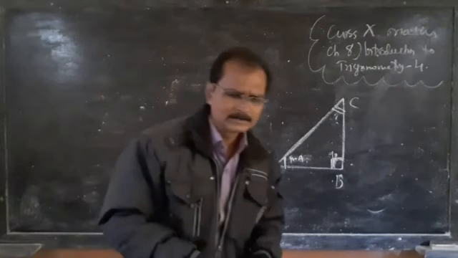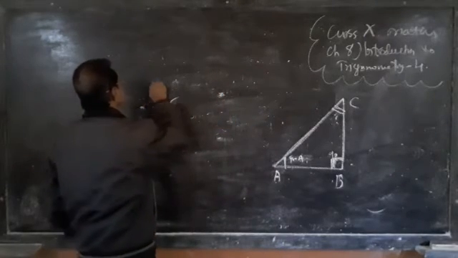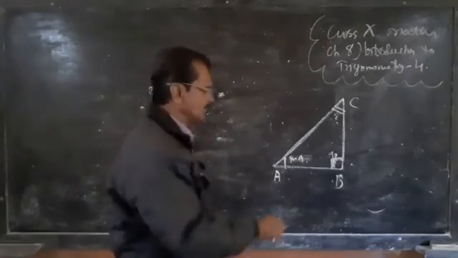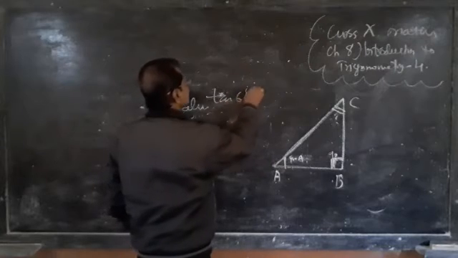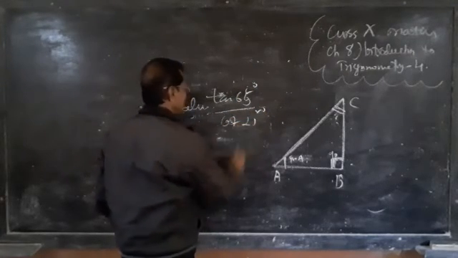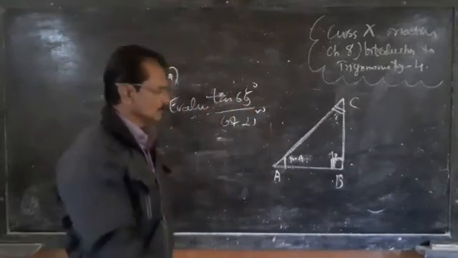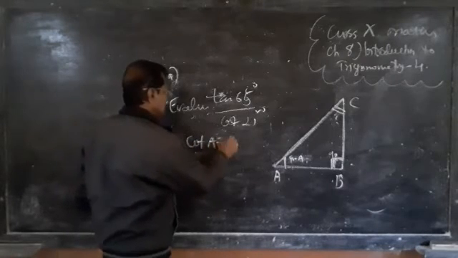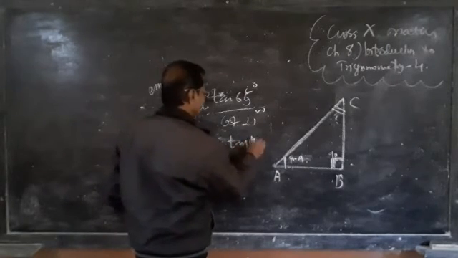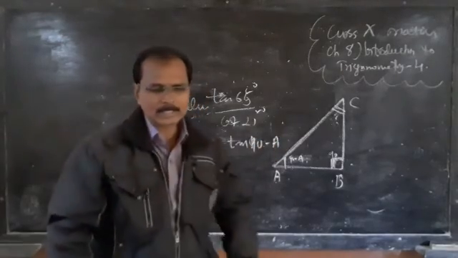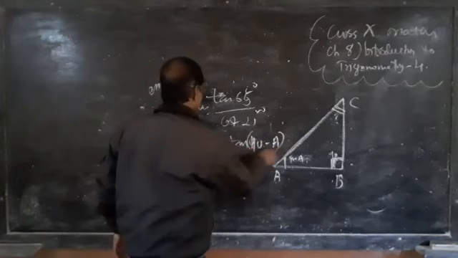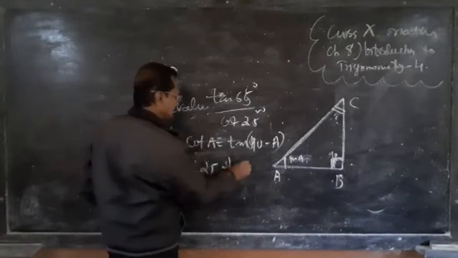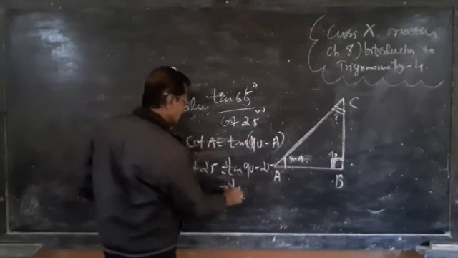Example 9, evaluate tan 65 upon cot 25. So we know that cot A equal to tan 90 minus A. So you can write cot 25 is equal to tan 90 minus 25 equal to tan 65.